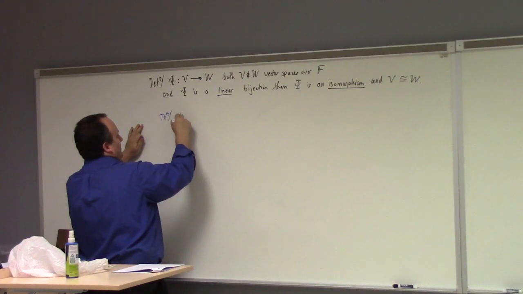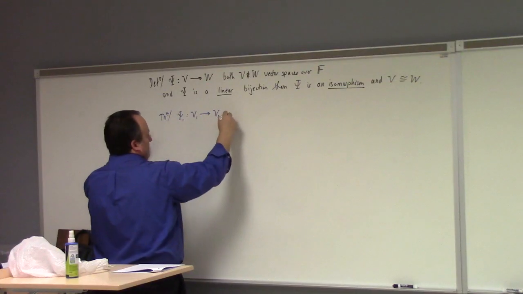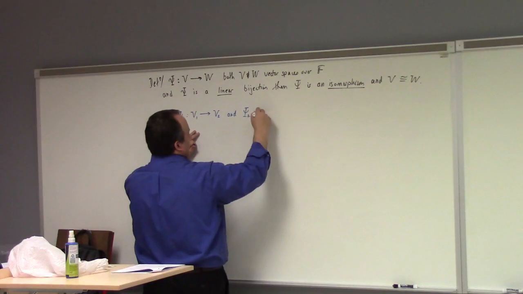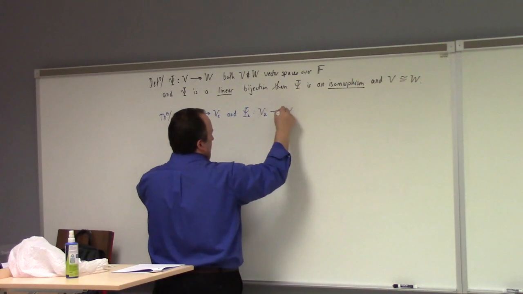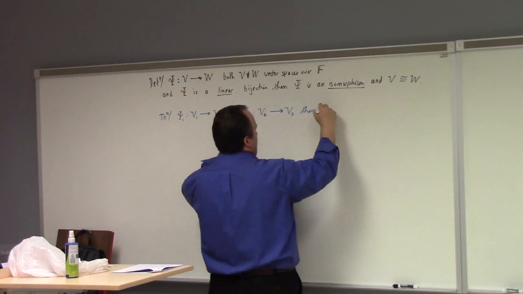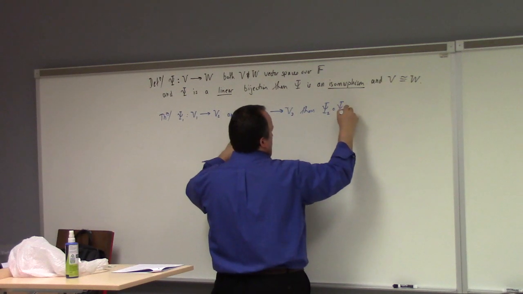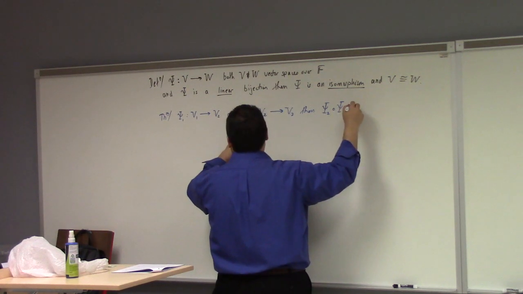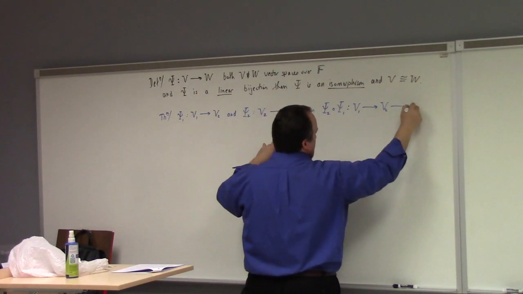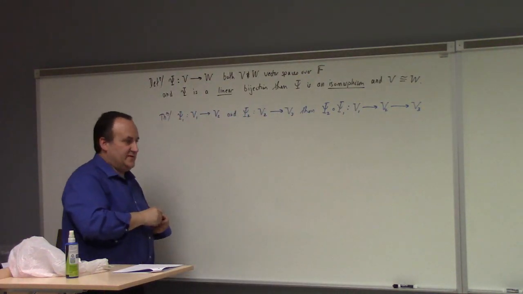If we had psi 1 that goes from, say, V1 to V2, and psi 2, let's say it goes from V2 to V3, then psi 2 composed with psi 1 is a mapping from where to where? From V1 to V2 to V3, right? Because the first one goes first and the second one goes second.